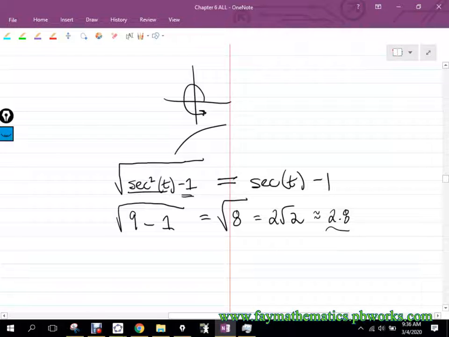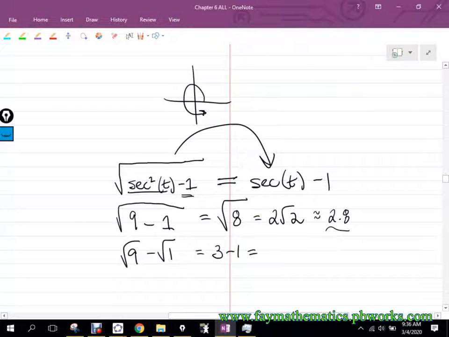What we're trying to do here would be radical 9 minus radical 1, isn't it? What's radical 9? 3. What's radical 1? 1. 3 minus 1 is 2. Are those two numbers the same? No. So when the radicand has a difference in it, you cannot separate it as a difference of radicals.